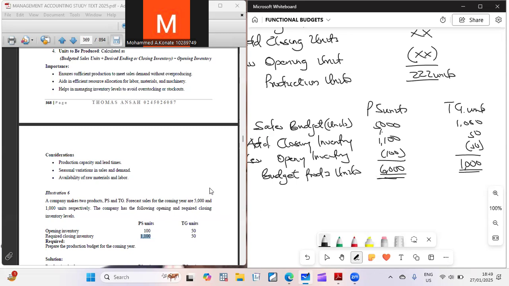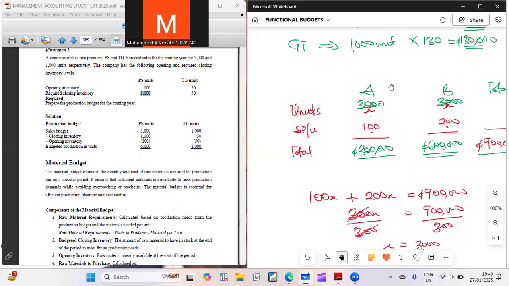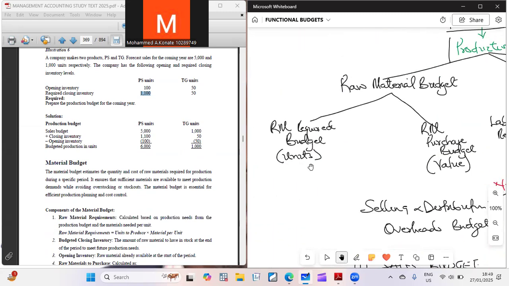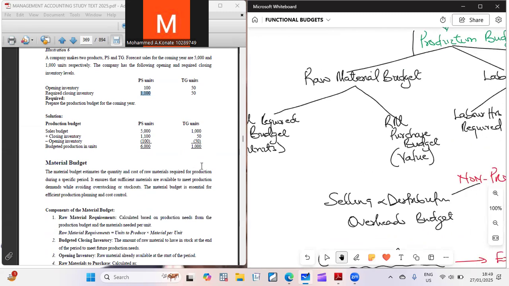So from there, now that you know the template, let's now go to how we do the materials. You know the materials, I told you that we have two of them. We have the materials required and the material purchase. The required shows the number of materials you will need to produce the product that you want to produce.